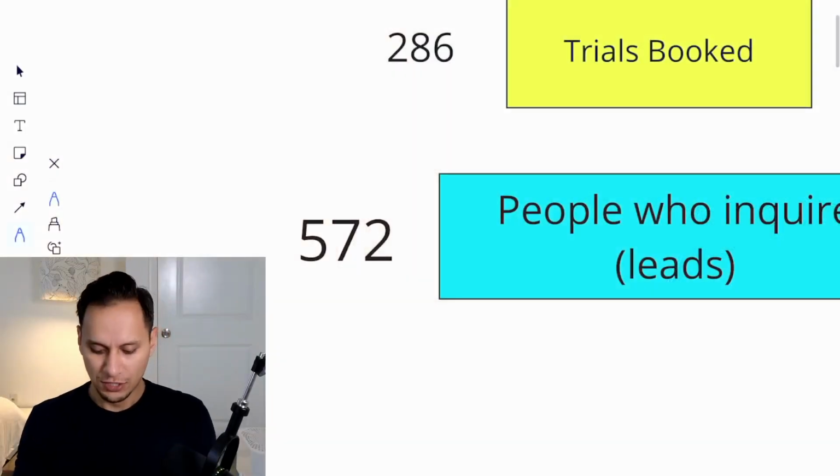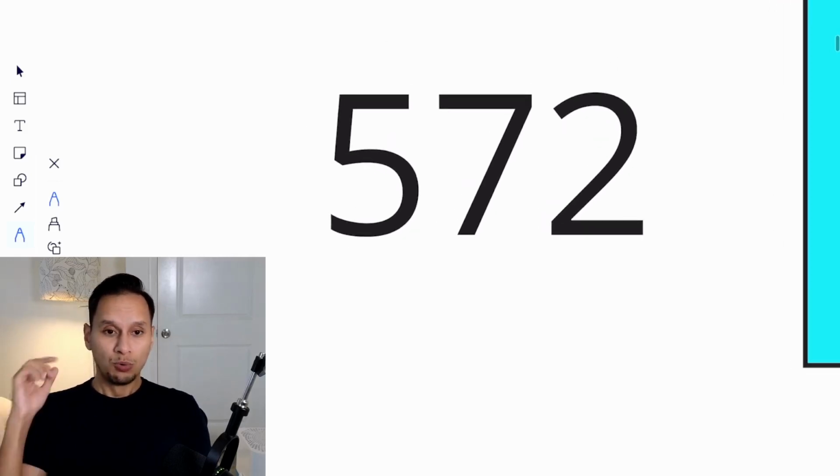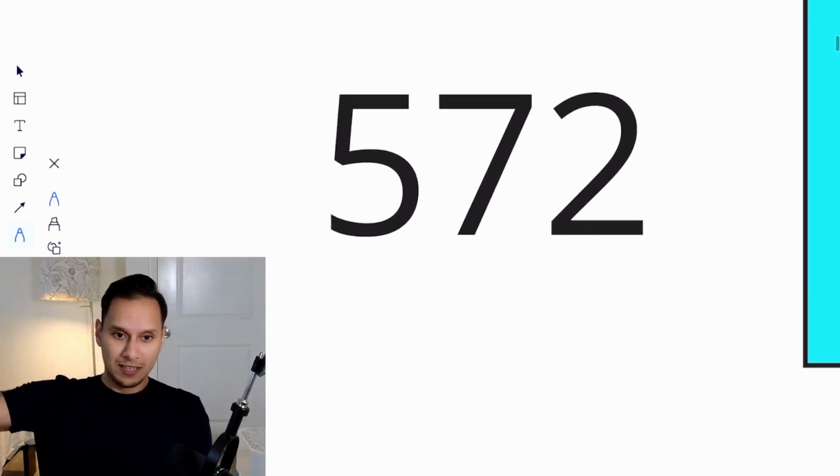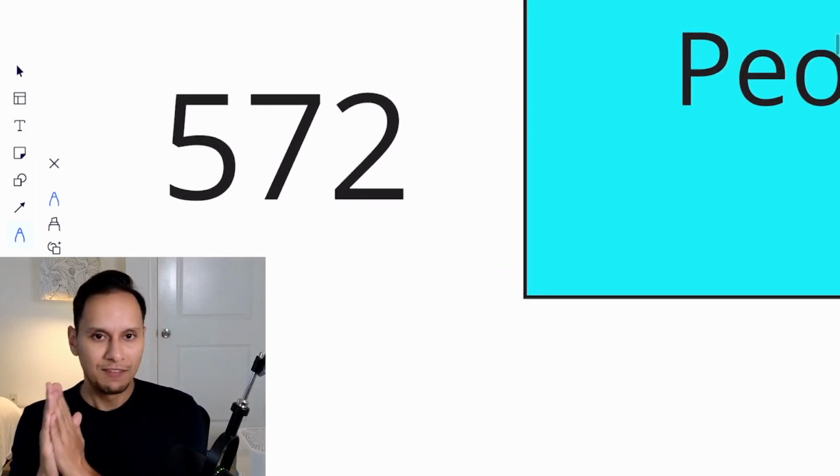Now, because we know that we need 572 people to inquire in order to get 100 students, we can calculate based on the average cost per lead that Facebook, Instagram, Meta charges per lead.